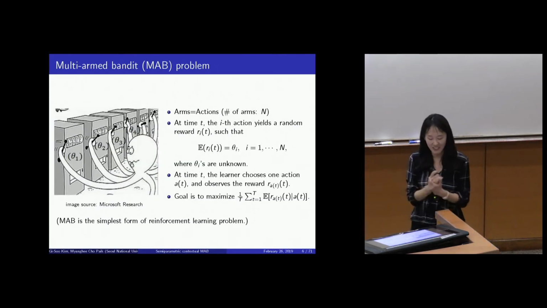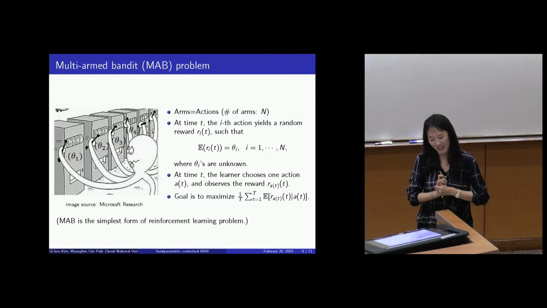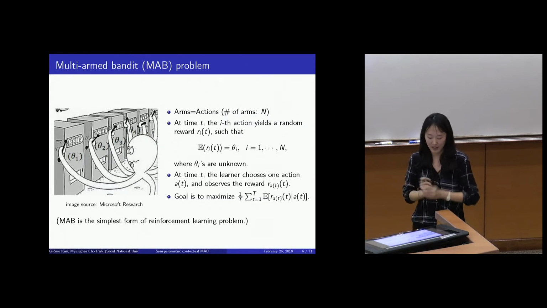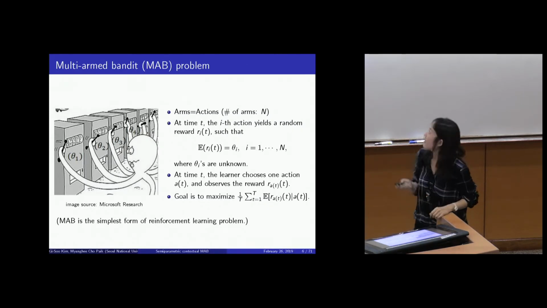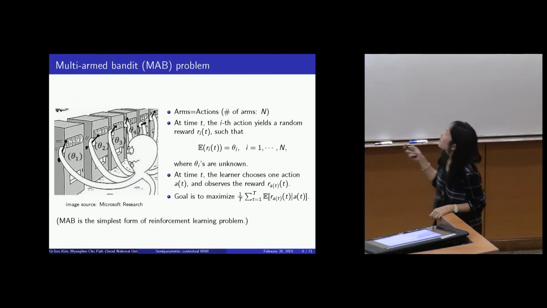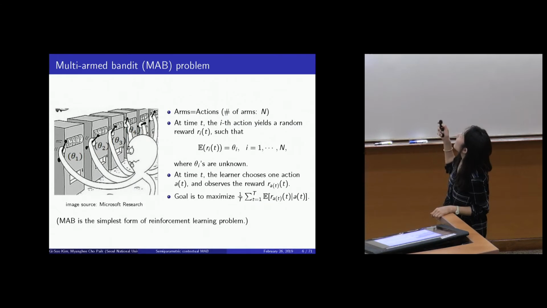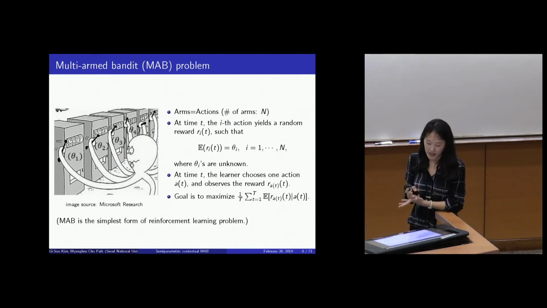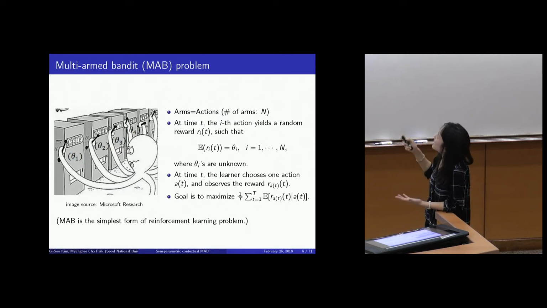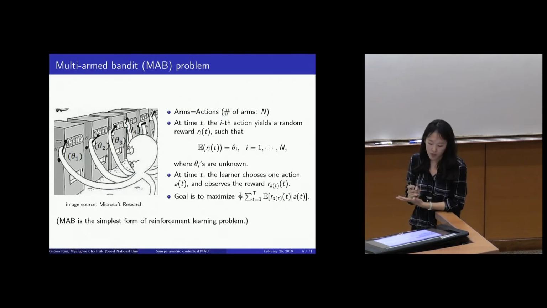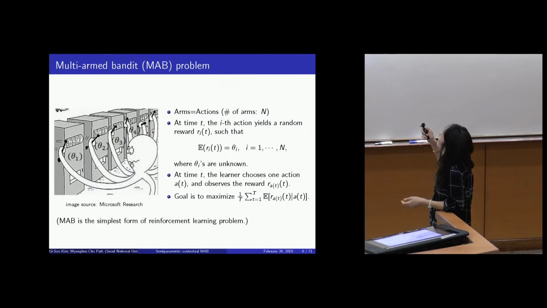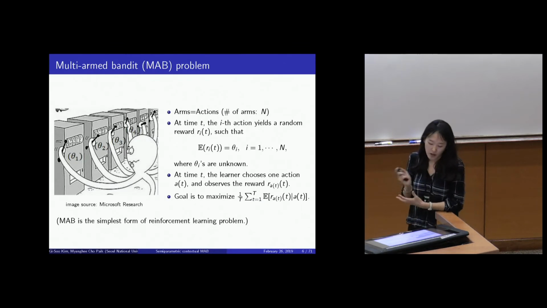You must be very familiar with this figure and the settings, so I will very briefly introduce it. The octopus describes the learner, and at each time, the learner is given a total of N options of actions. And the actions are described as the arms of the bandit machines, and pulling each arm returns a specific reward. So we let R_it be the reward given by the i-th action at time t.